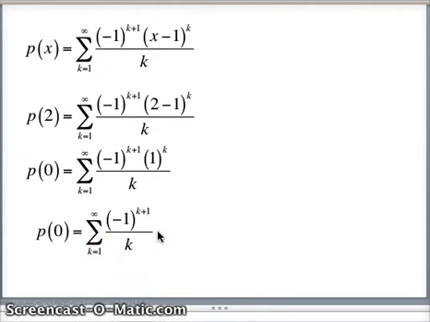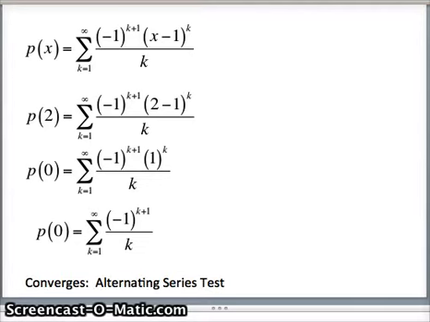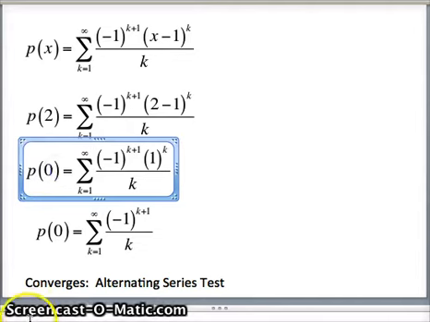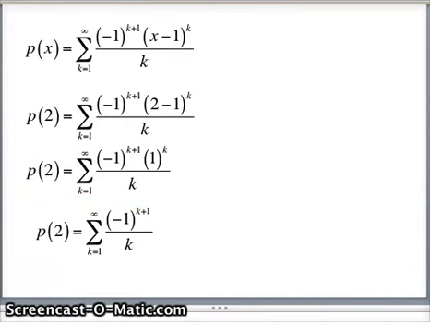If I ignore the sign flasher, I have 1 over k. 1 over k's limit is 0, and it's decreasing: 1 over k plus 1 is less than 1 over k. So this whole thing converges by the alternating series test. Of course, these are both 2's and not 0's. Let me fix those quickly. So plugging in 2, we get an alternating series that converges.